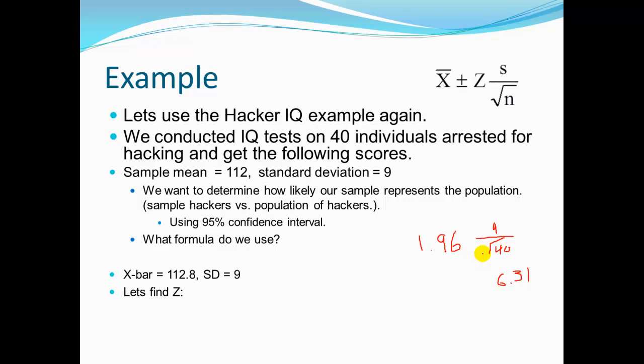And, okay, 9 divided by 6.31, we would basically get 1.43, which represents our standard error. So, last thing we need to do is multiply 1.43 by our z-score we already got, which is 1.96.